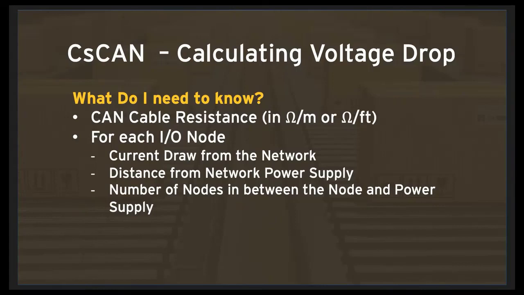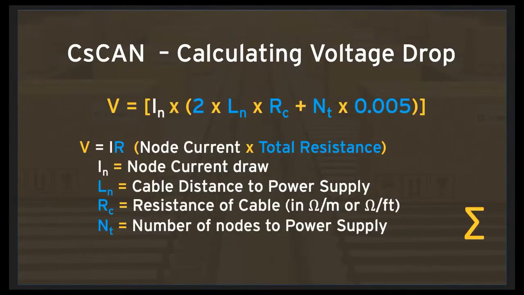Now let's take a look at the equation. And don't get all worried about this equation. It's not that bad. Really, just like everything else in electrical engineering, you're going to go back to V equals IR. Voltage equals current times resistance. So what we're going to do is take the node current, the amount of current that that particular node is drawing, and multiply by the total resistance that that node sees between itself and the power supply.